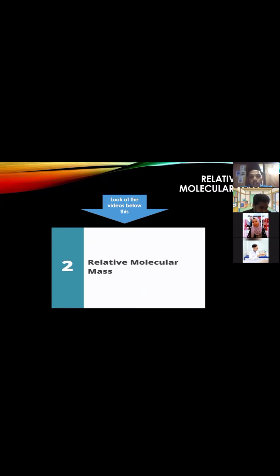Now let's move on to something called the relative molecular mass. Most of the time we are working with molecules and compounds, so we have to learn how to add up all the relative atomic masses. The relative molecular mass is the average mass of one molecule compared to 1/12 of a carbon atom.